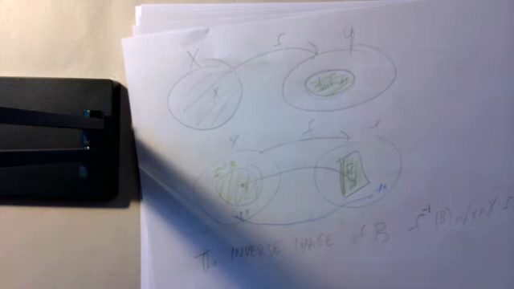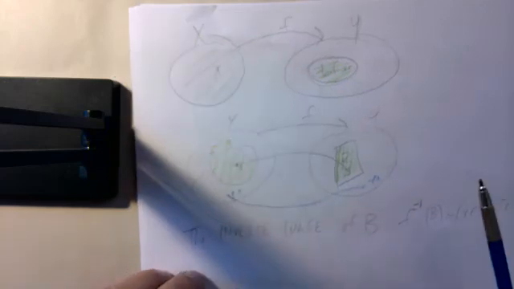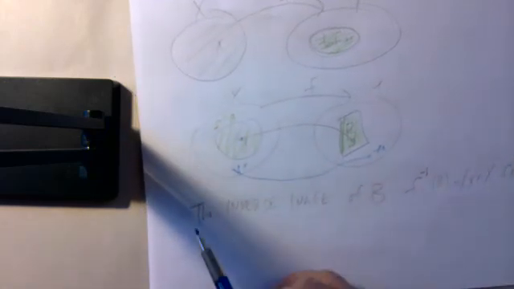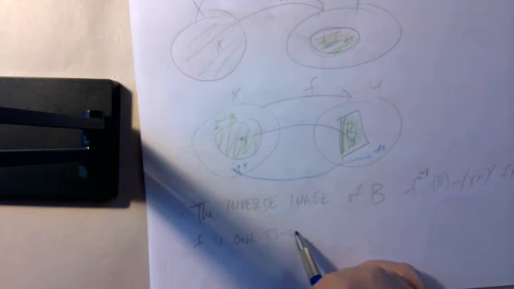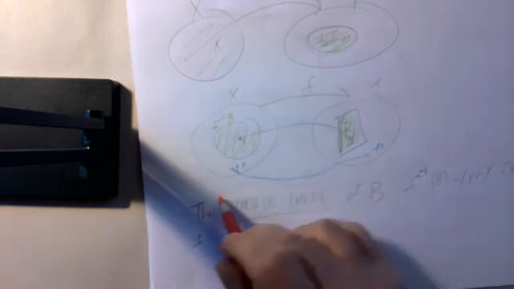And what's very nice are functions that have the property of being called one-to-one. The function f is 1 to 1. So these are all words.